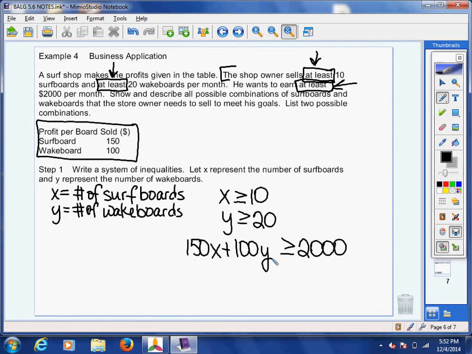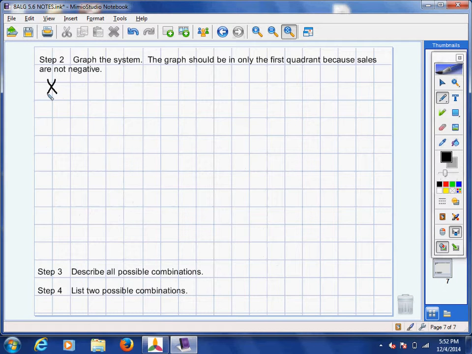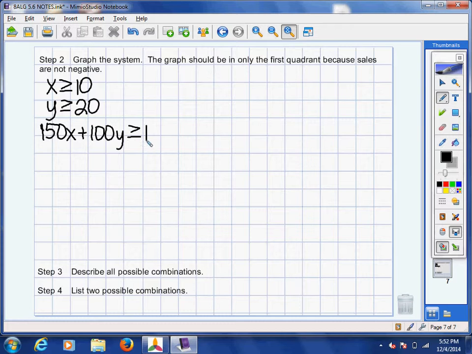Now let's flip to our next page. Okay, we have to graph the system, so let me remind myself of what that was. So I think it was 150x plus 100y is greater than or equal to $2,000, I think is what that was. Yep.